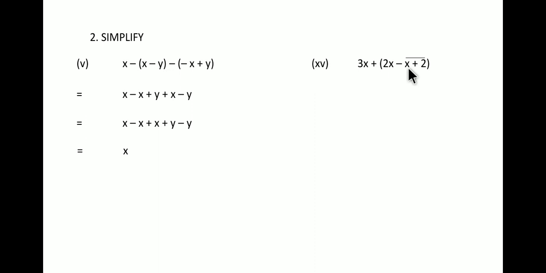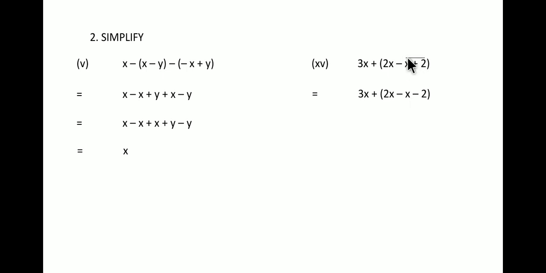Over here, x plus 2 are different terms, unlike terms, x and 2. All right. So they cannot be simplified. Hence we remove the vinculum this way, because there is a minus sign in front. So this x which is inside the vinculum, it is only x, means it is positive, so it becomes minus, and this plus 2 becomes minus 2 because of this minus in front of the vinculum.